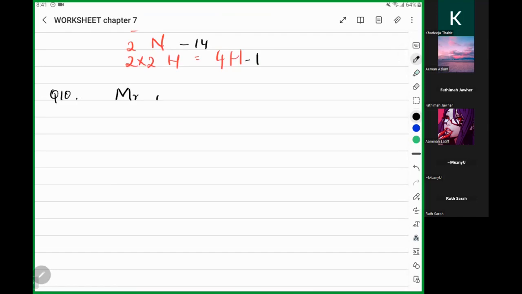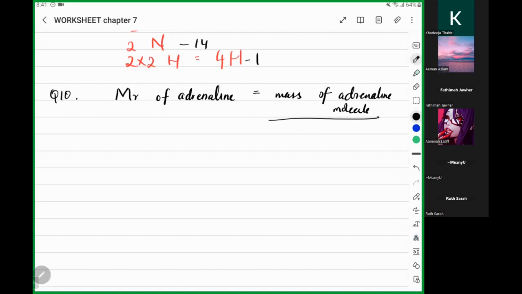It's just any molecule. If you're going to take its relative molecular mass, it will be the same method that we studied. It will just be mass of the adrenaline molecule divided by either the atomic mass unit, or 1/12 into mass of carbon 12 atom. They have already given the value as 183.